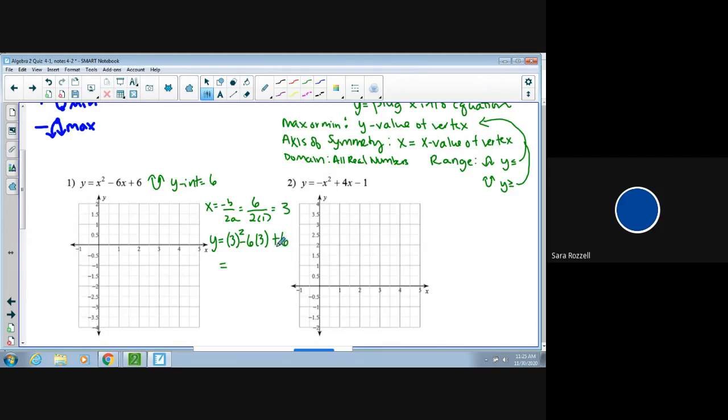If you type that into your calculator, or did it in your head, you would get negative 3. So our vertex is the ordered pair 3, negative 3.